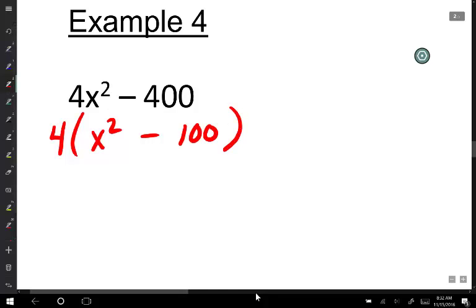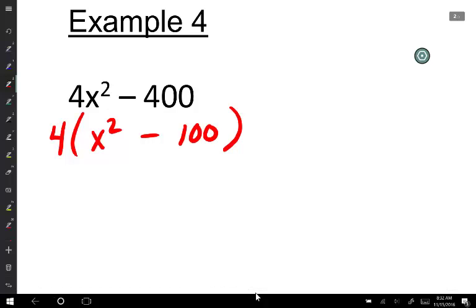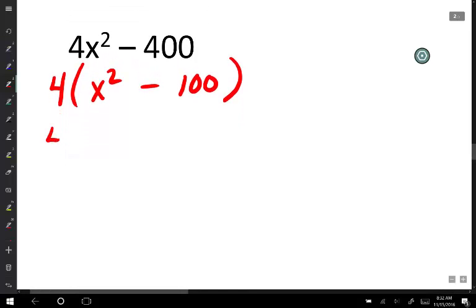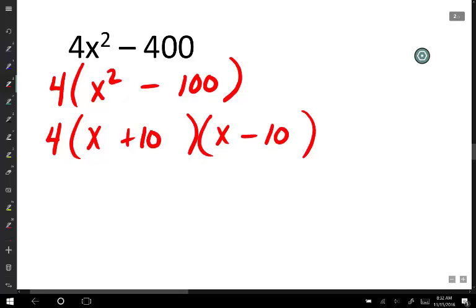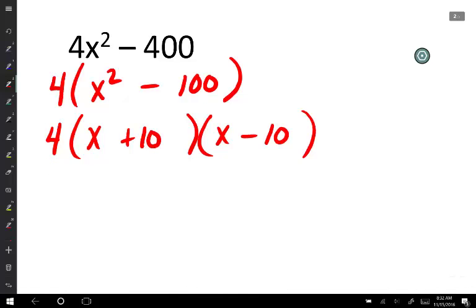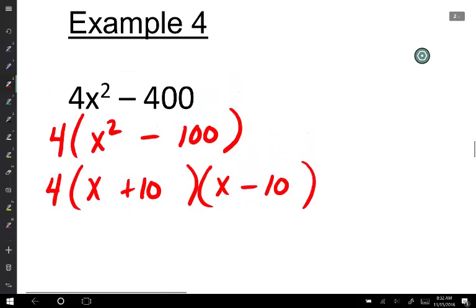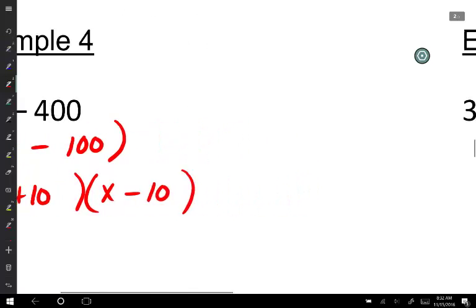Next step. Then you can just split it up into x plus 10, x minus 10. Do we need to keep the 4? Most definitely. May I write this as x minus 10 squared? No. So I just have to keep it the way it is. This is the difference of 2 squares. Hopefully when you see these, they're pretty telltale signs of what you have.